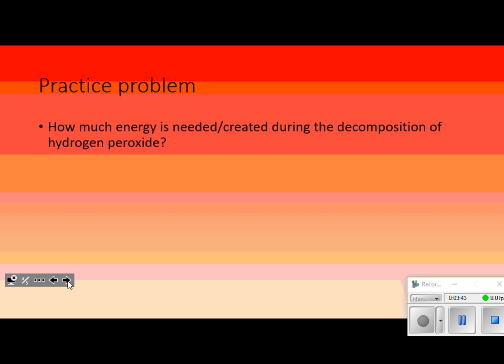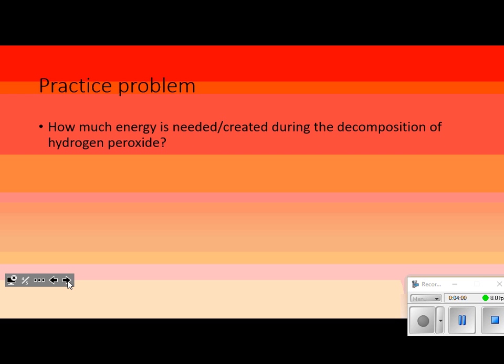What we're going to do is a practice problem. This is a practice problem with a reaction that we have looked at in a lab activity recently. It says how much energy is needed or created during the decomposition of hydrogen peroxide.